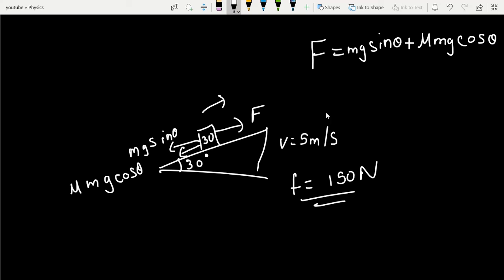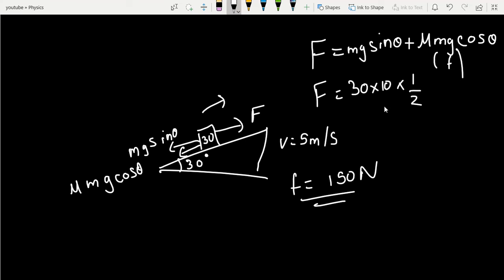Now if we substitute the values, F is equal to m is 30, g is 10, sine 30 is 1 by 2, and we know the value of mu mg cos theta. Mu mg cos theta is nothing but friction.